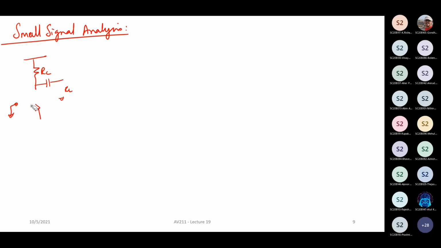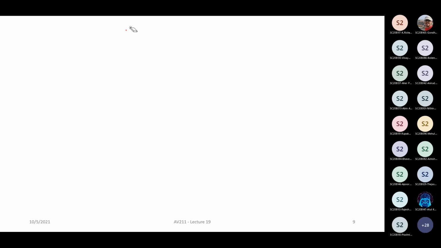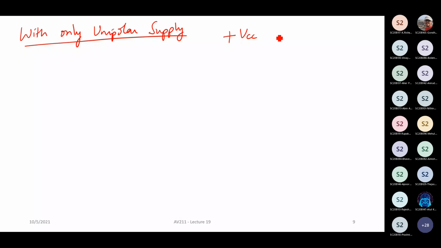Any ideas? Unipolar means you are having only VCC and ground.